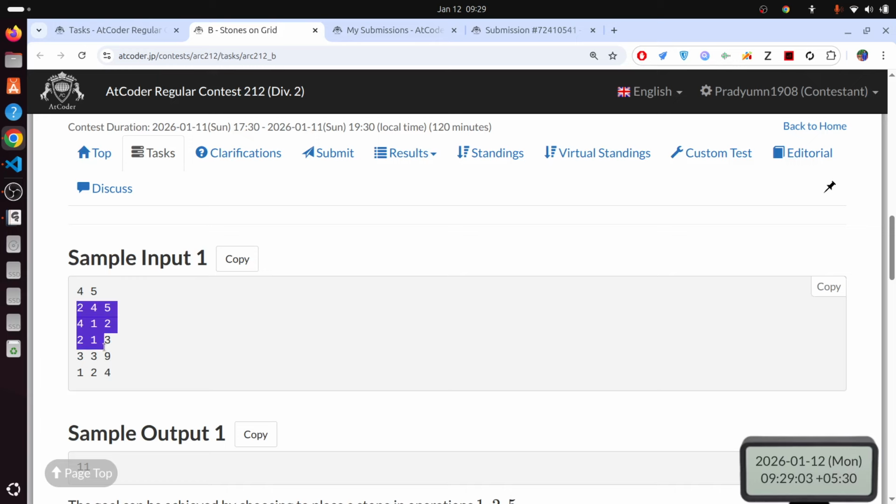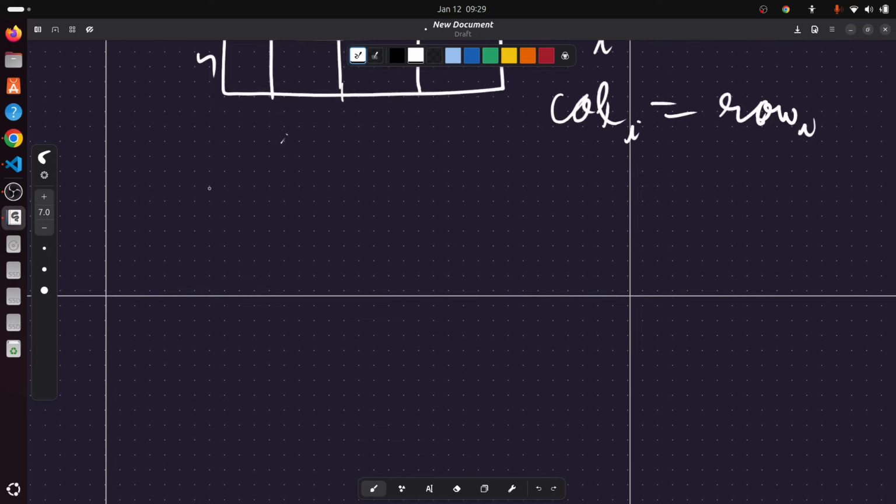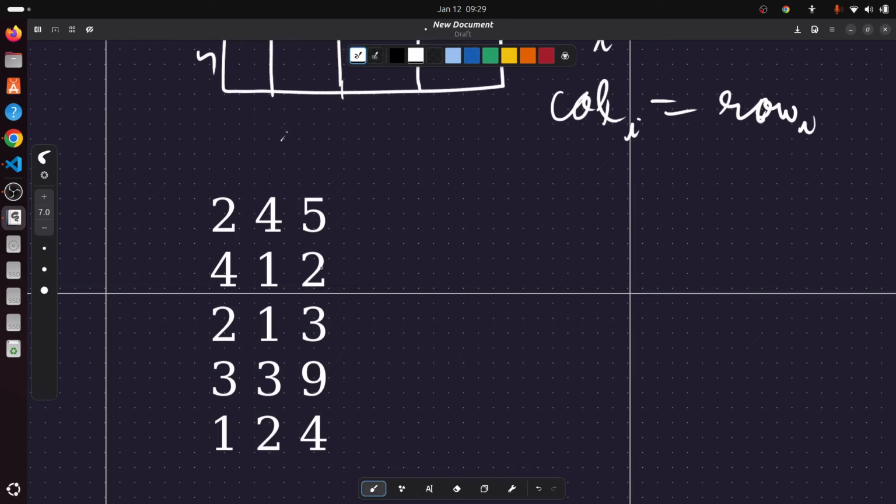I'll copy this. So this is the input. Let's say you choose this stone, you have to choose this stone, then you choose this stone also, and you choose this stone also.